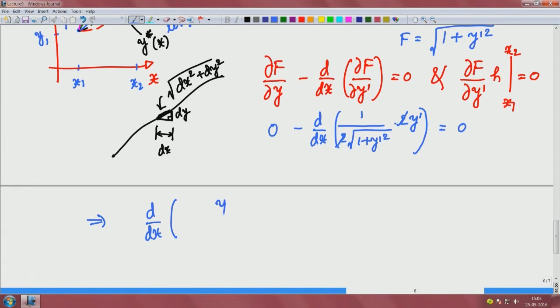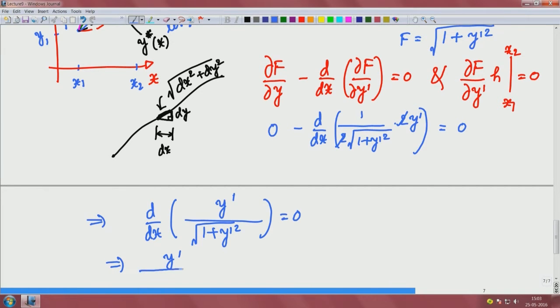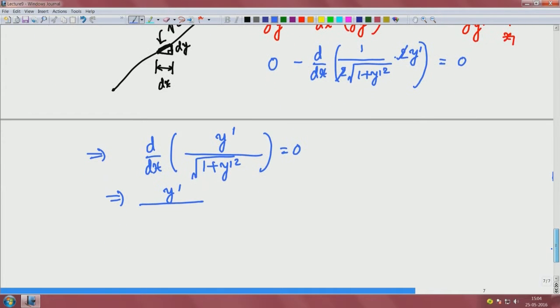So, what we get is y' by square root of 1 plus y' square equals 0. What does that mean? It means that y' by square root of 1 plus y' square is constant, because the derivative of a constant is equal to 0.